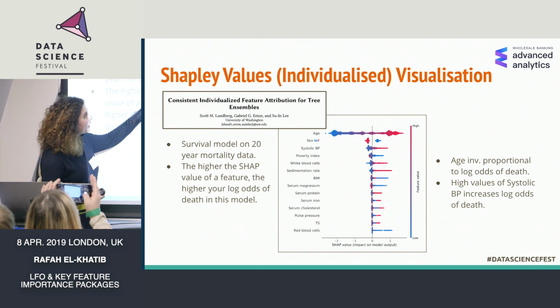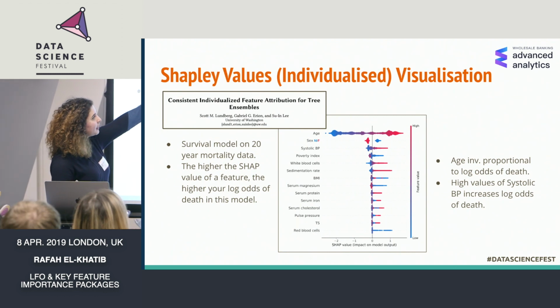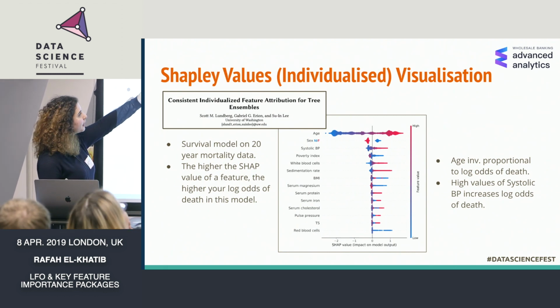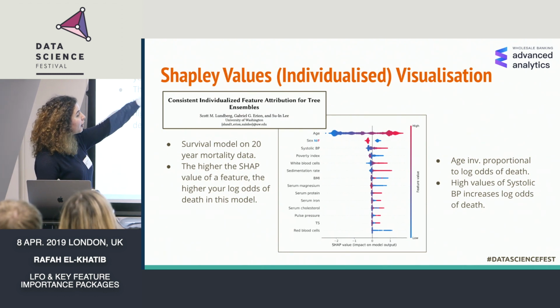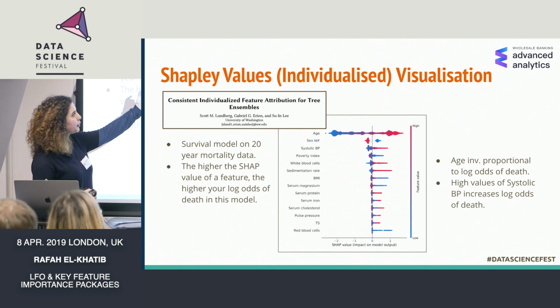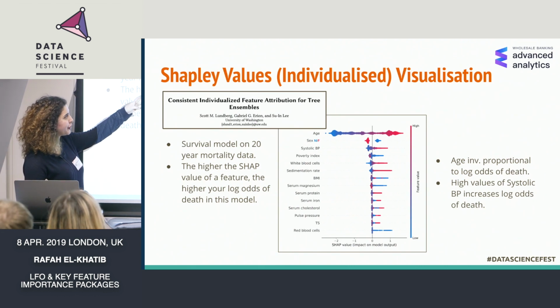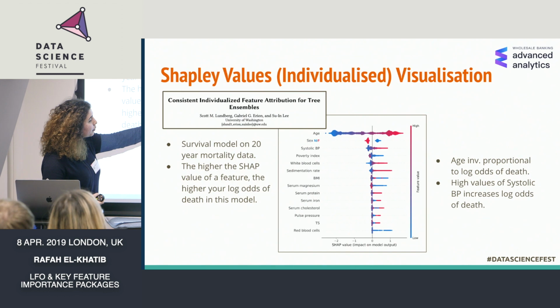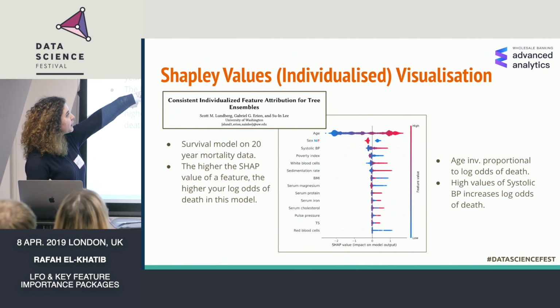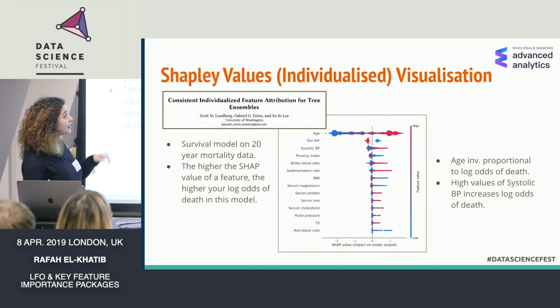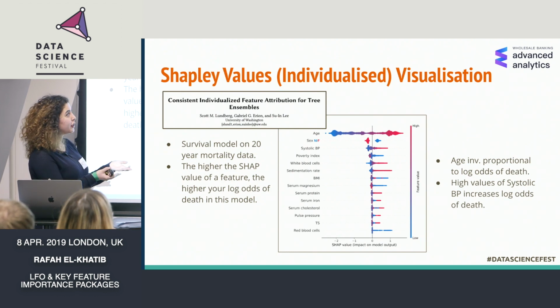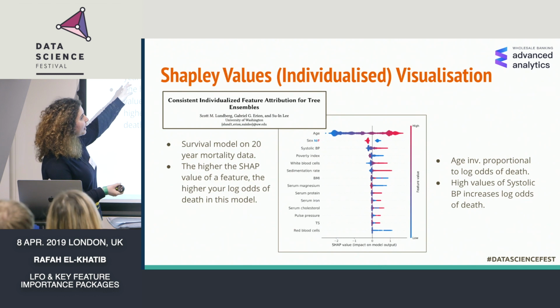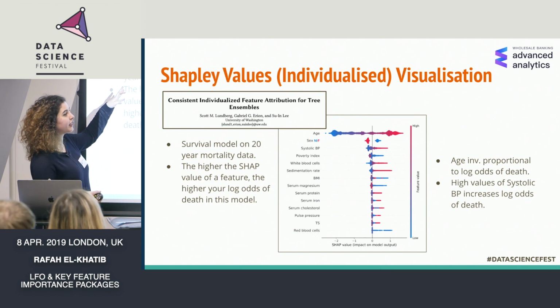On this visualization, every dot you see is a record, so it's a person. They calculated SHAP values with the equation we just saw, and the colors encode the range of values for this feature: pink is high and blue is low. For the first feature, age, this means that high values of age are associated with higher log odds of death, whereas low values of age are associated with lower log odds of death.